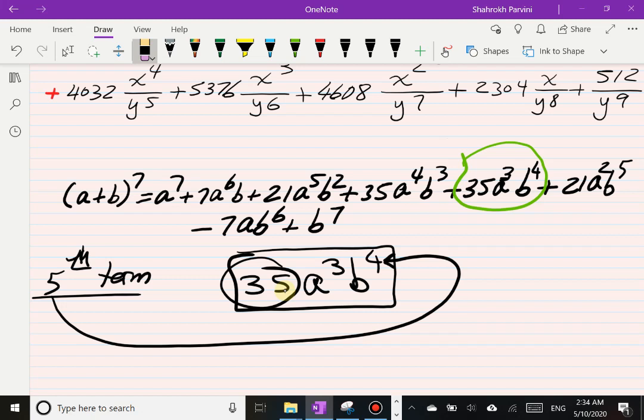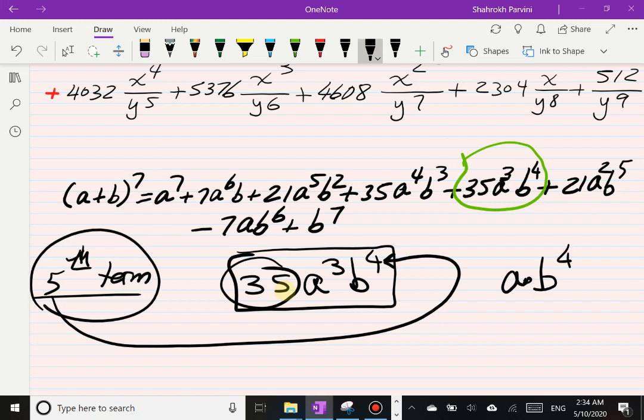So in other words, if I was to start this from scratch, I'm going to put a, b side by side. Every term in between first and last term will have a and b side by side. Because we're looking at the 5th term, this is going to be 4. And remember, the sum of the exponents in every one of these has to be 7. This is going to be 7, 7, 7, 7.